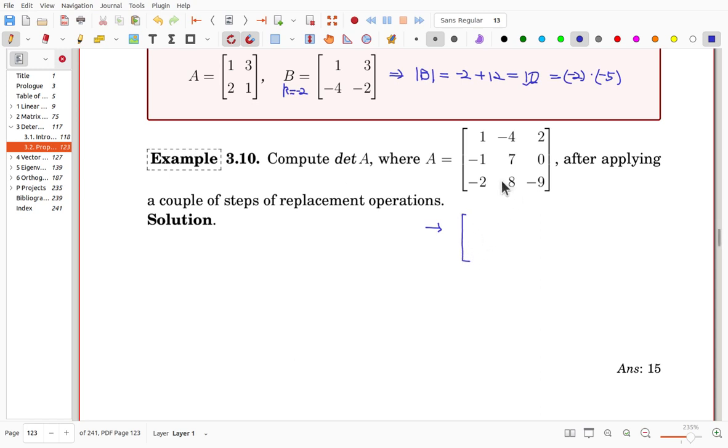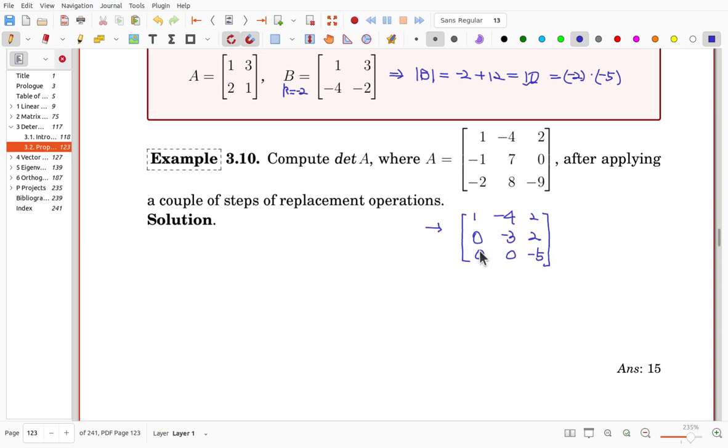Now let's try to make an echelon form. 1 is the pivot, and adding multiples gives 0 and minus 3, then 2. Twice added, then it's 0, twice added, again 0, and then it will be minus 5.